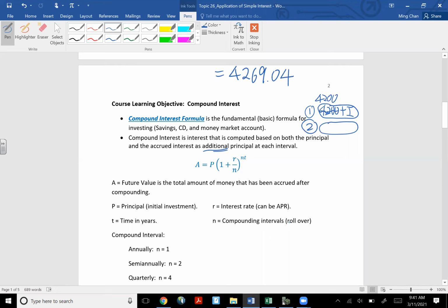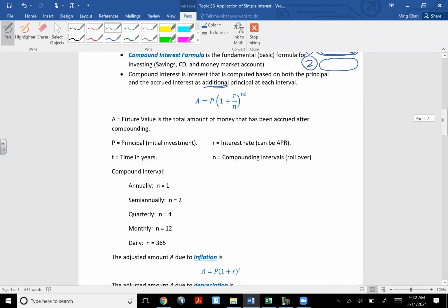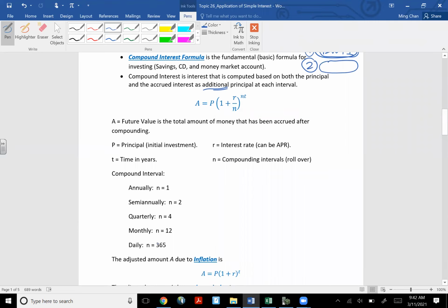If the problem says annually, that means the account will roll over once a year. Roll over means take the whole entire amount of money and roll it into the next year's interest computation. Semi-annually means we roll over twice a year. Quarterly, n will be 4. Monthly, n will be 12, and daily, n will be 365.